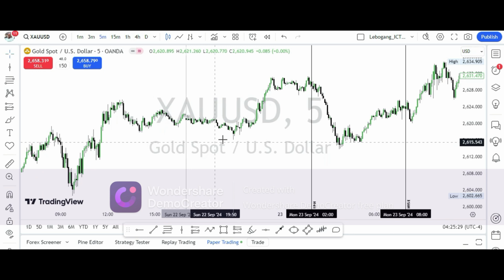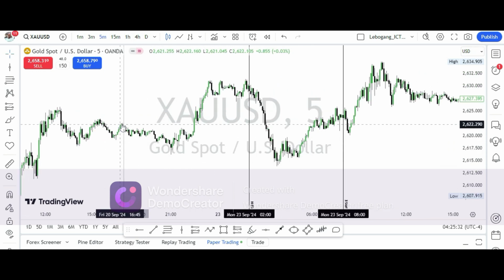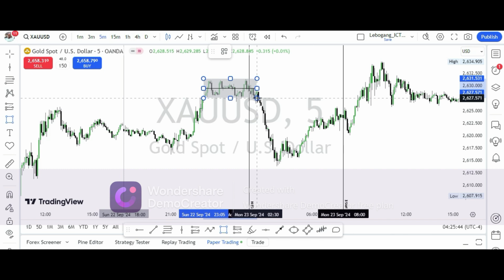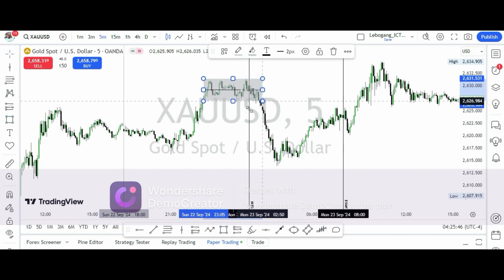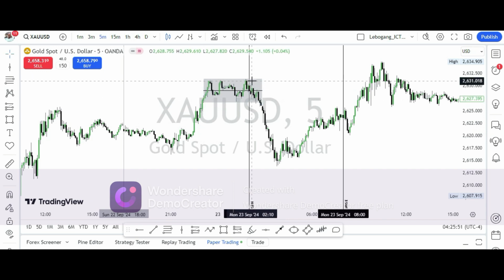So here, price was opening, and then we left it because I was asleep here, and then price gave us this mini range here, and then price broke that range and then went down. As price was moving here, I was not on the charts.